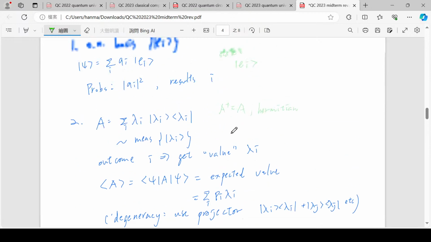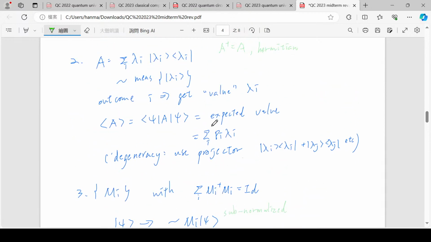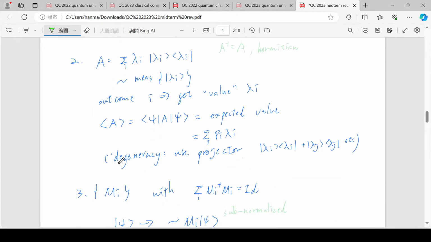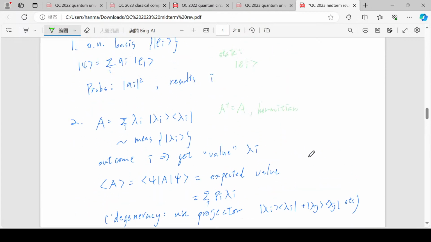And then there is a funny thing about degeneracy. We're saying this is just measuring an orthonormal basis, but sometimes you have degeneracy. Say your A is equal to X tensor I, which we saw before. Then you have lots of degeneracy because you have a tensor I here.